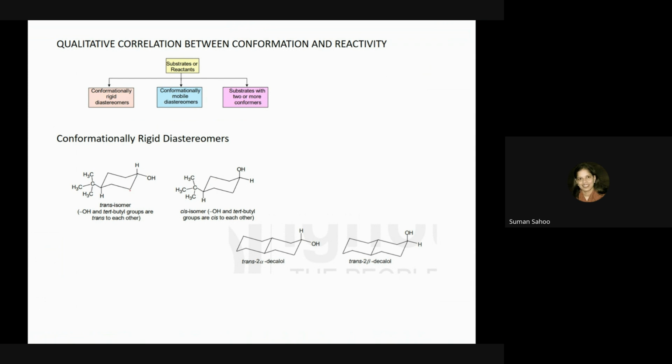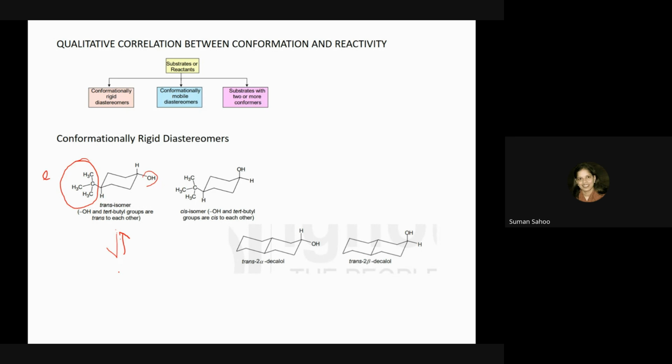That means you cannot interconvert them, because this tertiary butyl group is always fixed in the equatorial position, and the OH group is always trans. So this is not going to interchange to its axial isomer, because the tertiary butyl group and the OH group are both in the equatorial position, so that is not going to transform to the other conformation. So this is a very rigid diastereomer.